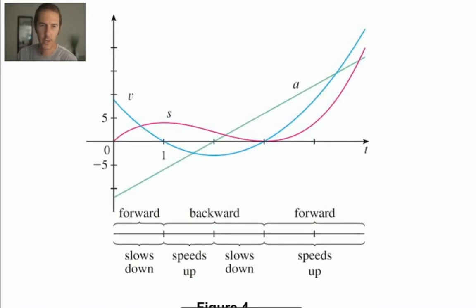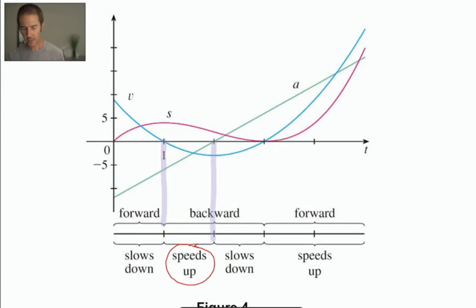So from left to right, let's look for speeds up. So our particle is speeding up when, let's try the highlighter here. Let me just take this up and through here and up and through here.